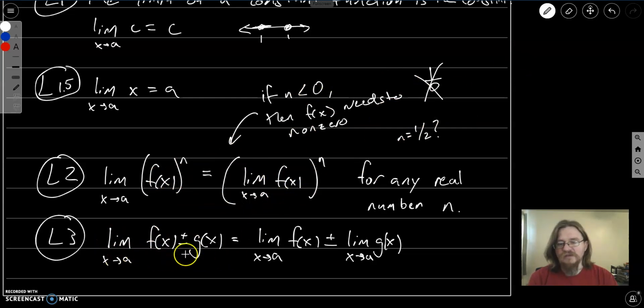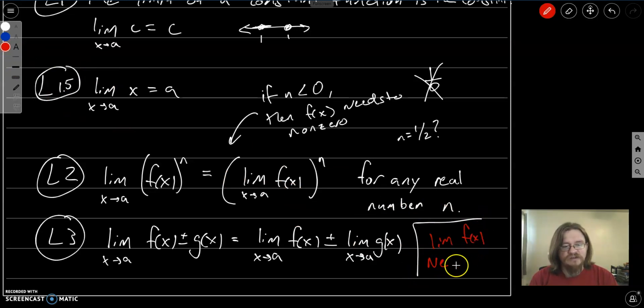And then the next one is, again, more or less exactly what you'd expect. If you take the limit of a function plus another function, or a function minus another function, just take the limit of each of them individually and add those limits together, or subtract those limits. And again, in order for all this to make sense, the limit of f of x and the limit of g of x need to exist.